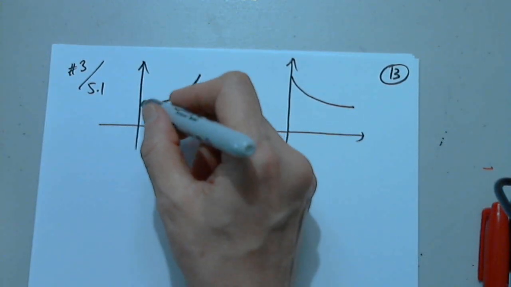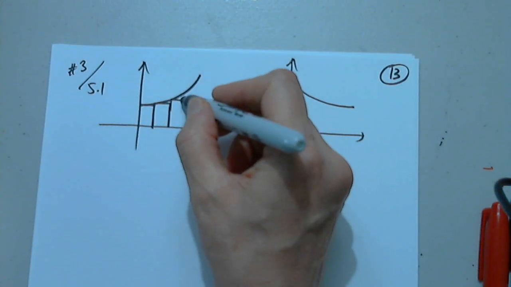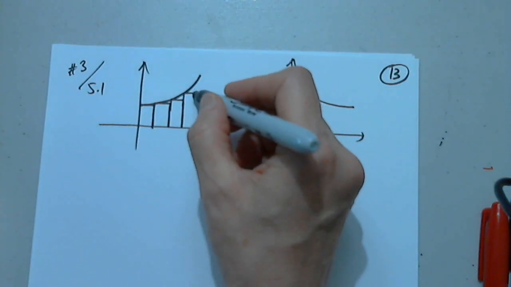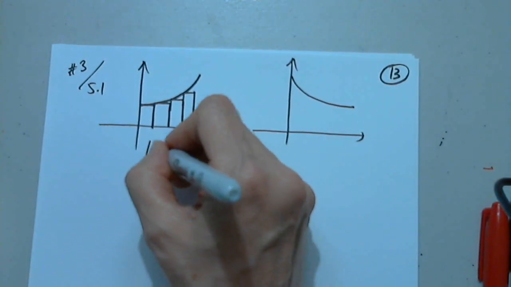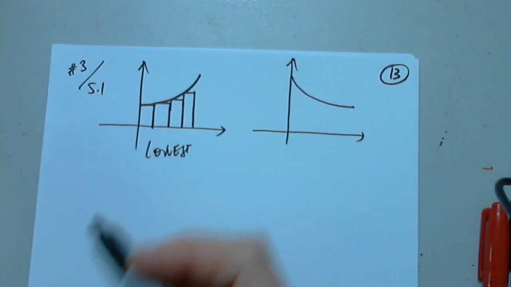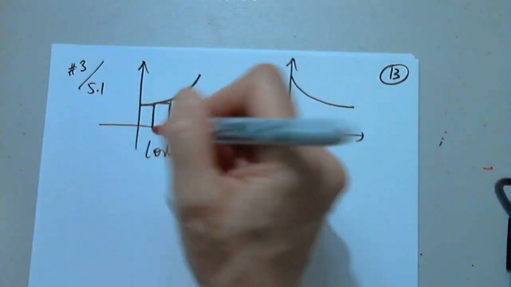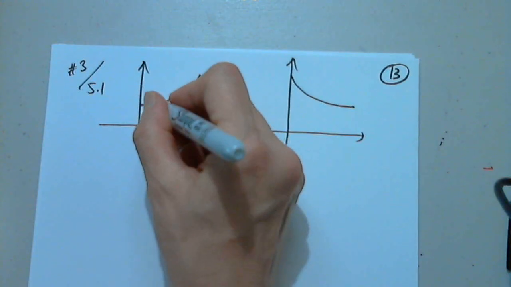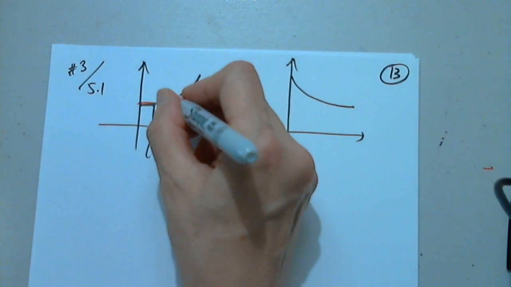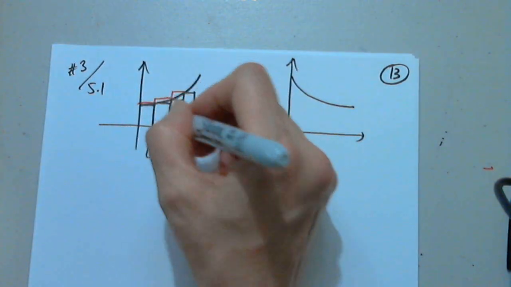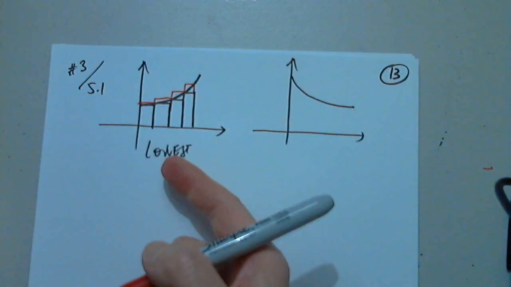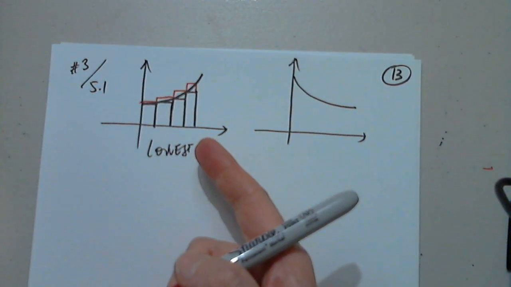I'm showing the leftmost point. The leftmost point is the lowest. But the rightmost point, in other words, an underestimate. But the rightmost point will be an overestimate.